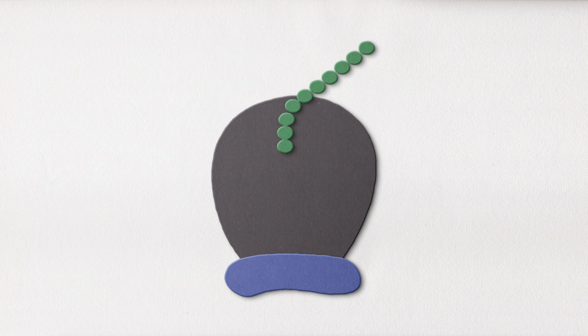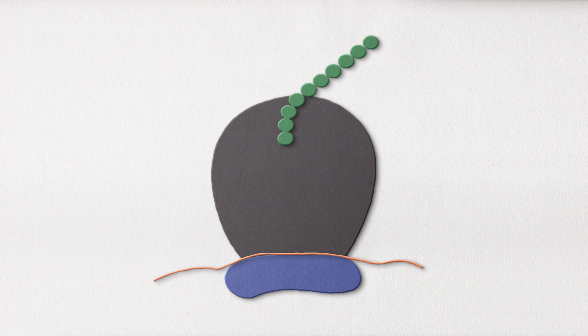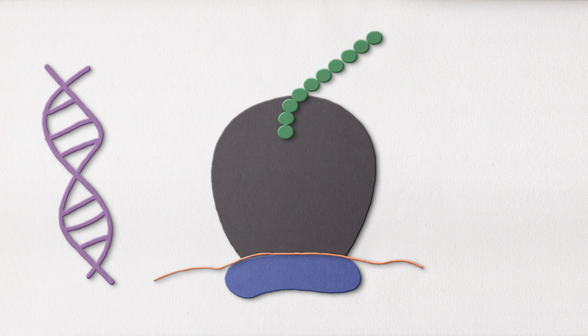Every ribosome has two subunits, a larger and a smaller subunit. These subunits contain ribosomal RNA molecules and proteins which are essential for mRNA translation. Remember, mRNA translation is one of the final steps in the conversion of the information that you have in your DNA to an actual protein.